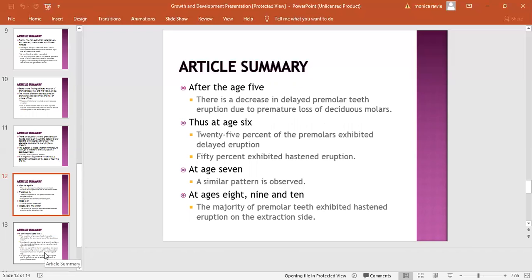Thus, at age 6, 25% of the premolars exhibited delayed eruption, 50% exhibited hastened eruption. At age 7, a similar pattern is observed. At ages 8, 9, and 10, the majority of premolar teeth exhibited hastened eruption on the extraction side.